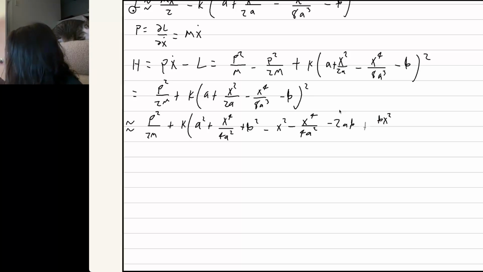Actually, it's minus b x squared over 2a, plus b x fourth, it's just going to be over 4a cubed.